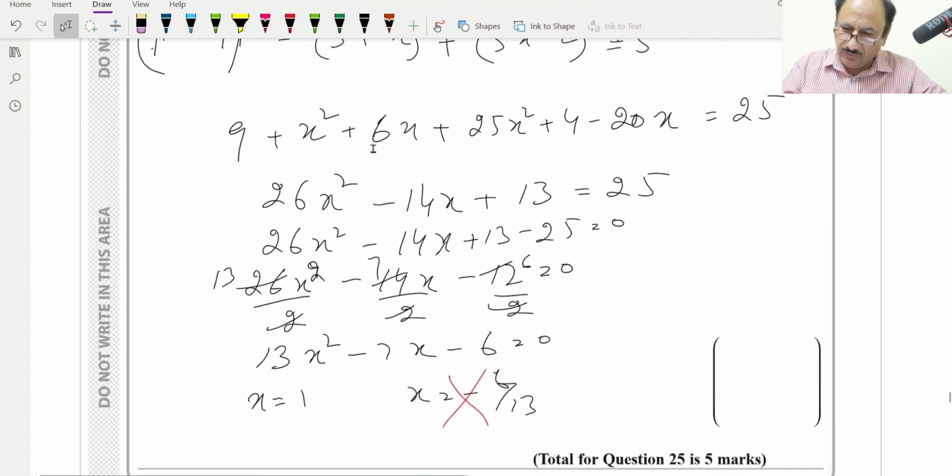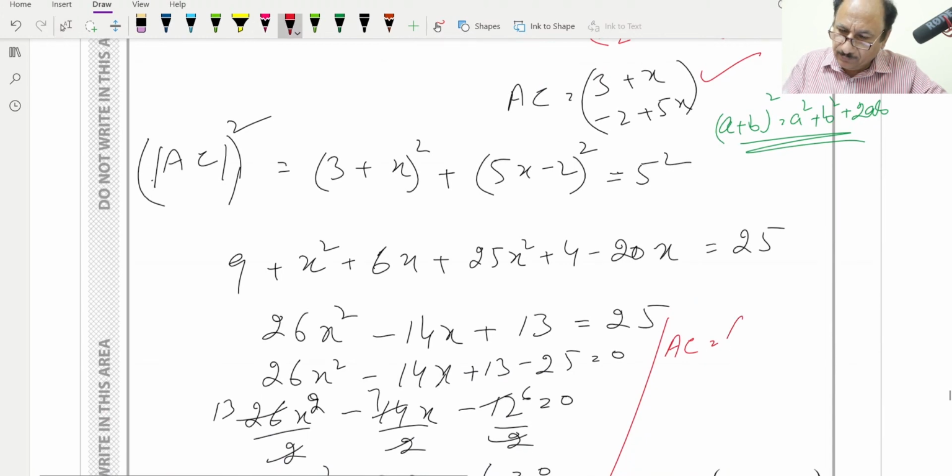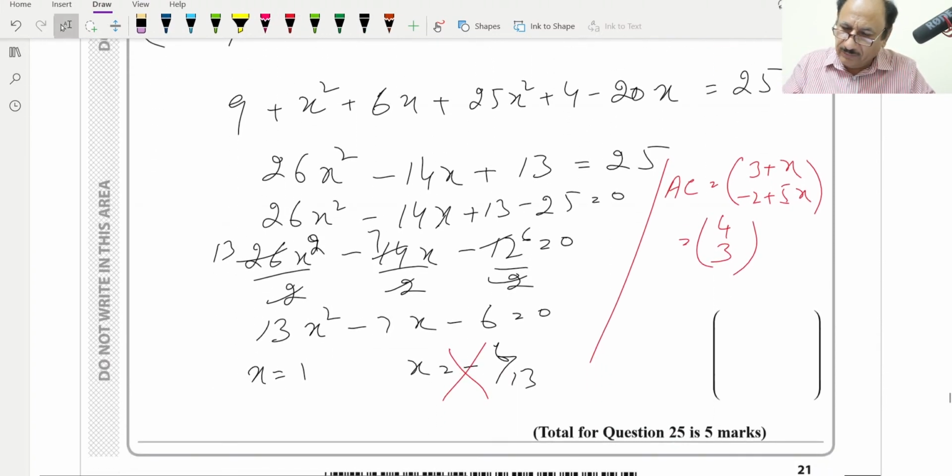AC is equal to 3 plus x and minus 2 plus 5x, so this will be 3 plus 1 will be 4, and minus 2 plus 5 will be 3, so this value will be 3, so the column vector will be 4 and 3, and we can write 4 and 3 as column vector.